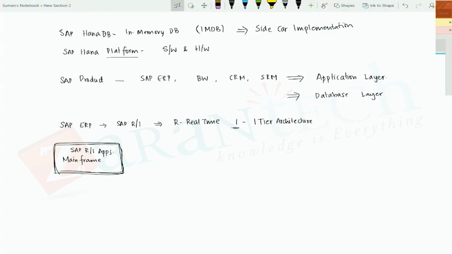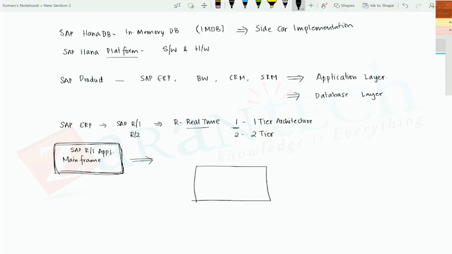So eventually, as days and years progressed, SAP moved on to a newer version called R2. R still stands for real time. 2 stands for two-tier architecture. So they said, I don't want to work with a mainframe system anymore, I'm moving to a two-layered system. What is that?